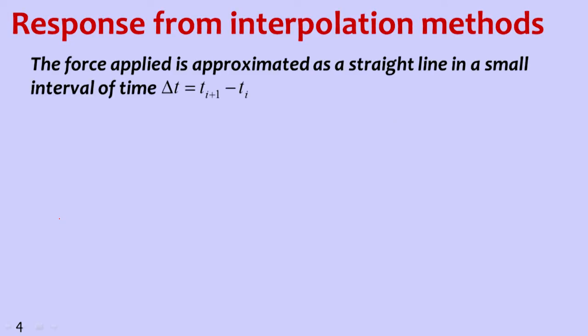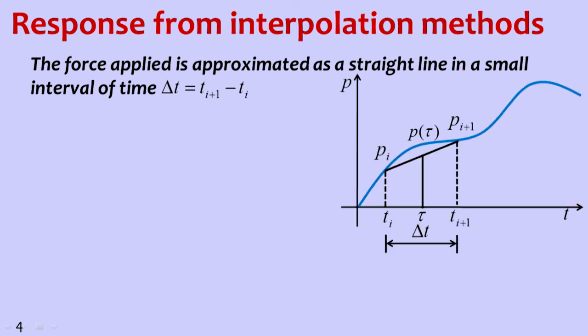Now what we do in this is, the applied force is approximated as a straight line in a small interval of time, that is delta t equal to ti plus 1 minus ti. If this is a force, any arbitrary force we are taking, as you can see in this figure, the blue line, and say we are interested in p tau.